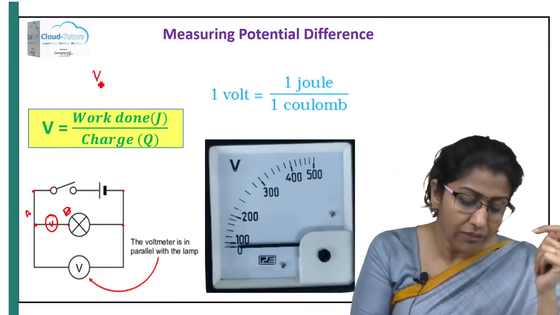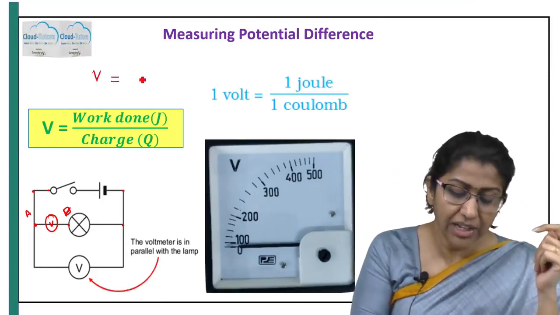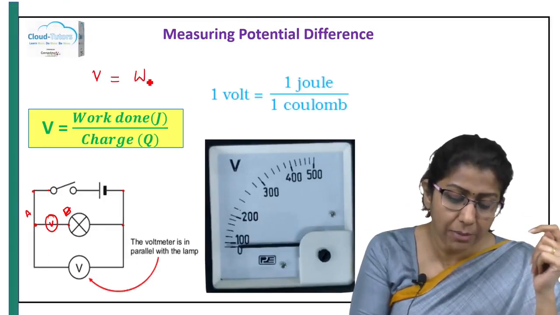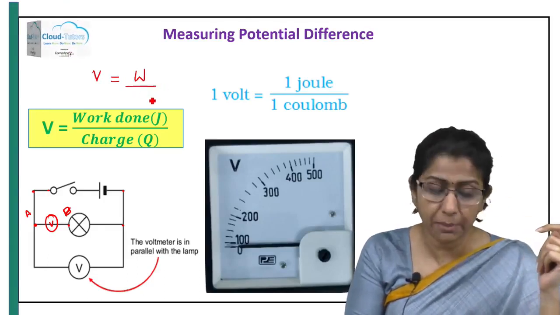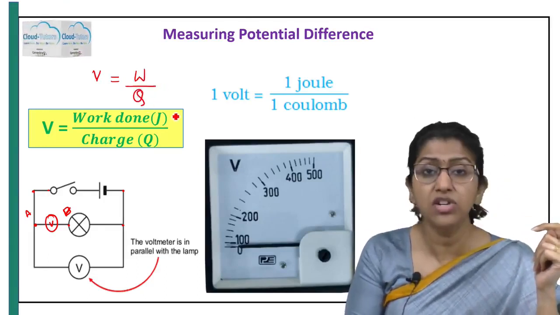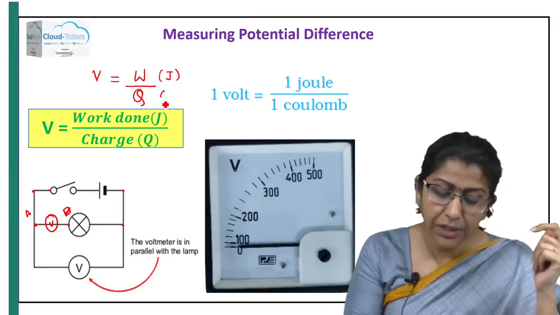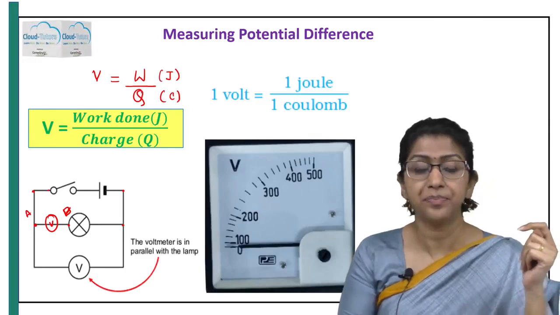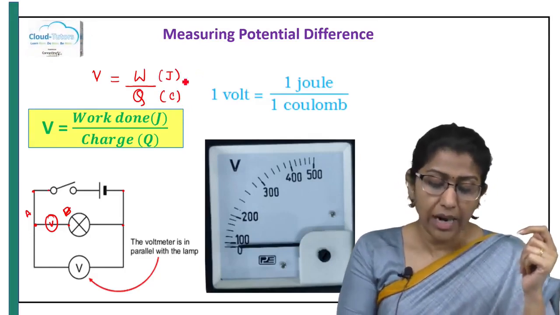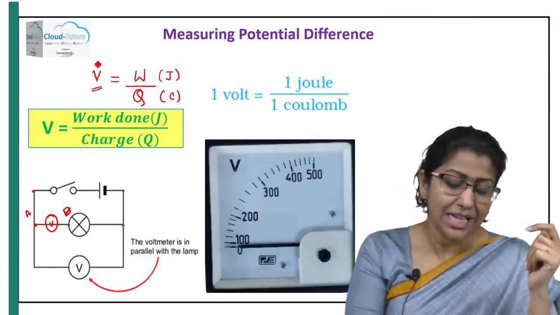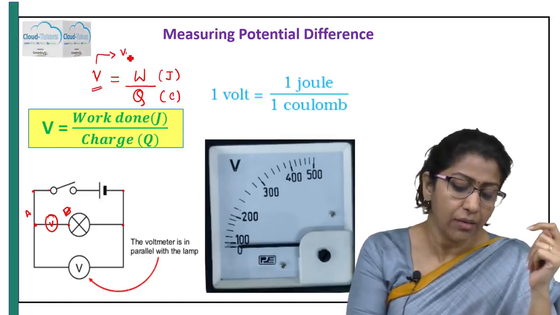So we write it as capital V equal to W, work done, divided by Q, the amount of charge, where W is measured in joules and Q is measured in coulombs. And the SI unit of V is again volts.